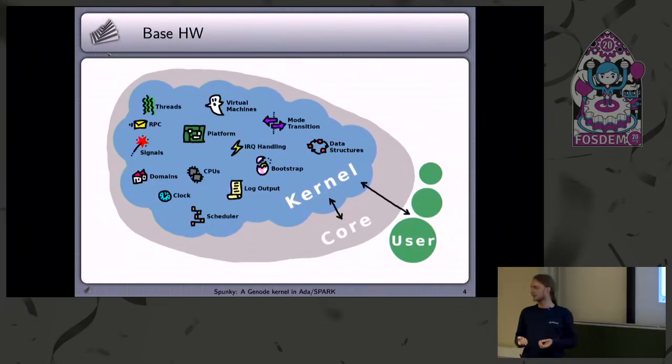It's a library that is linked against the core of Genode. It's less than 10,000 lines of code, a lot less if you specialize on one architecture. And the modules that the BaseHW kernel is made of are also pretty well separated from each other.